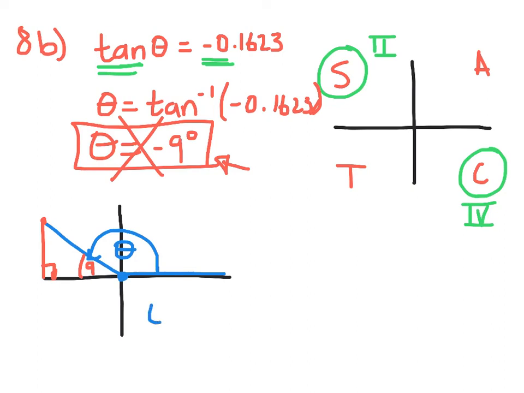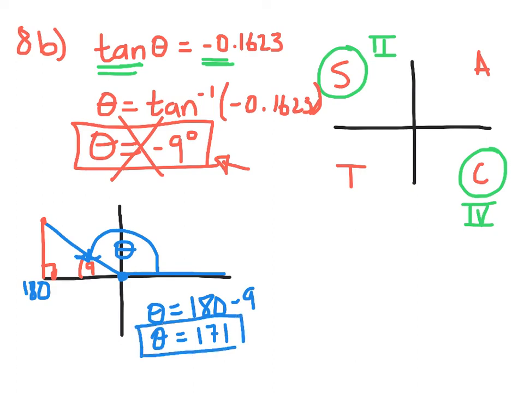So we could figure out theta because we know all the way up into this axis is 180, but we just got to go backwards by 9 degrees. So we take 180 and subtract 9 and we get that theta is equal to 171. So that's my first answer.